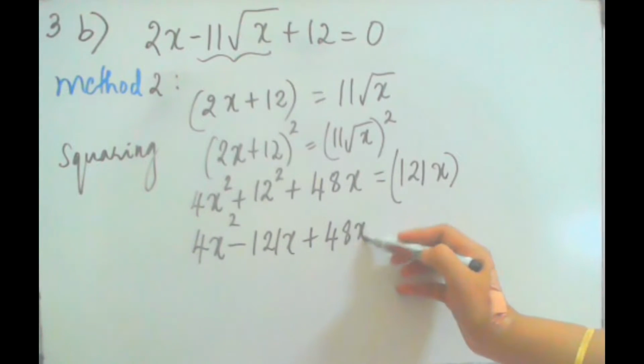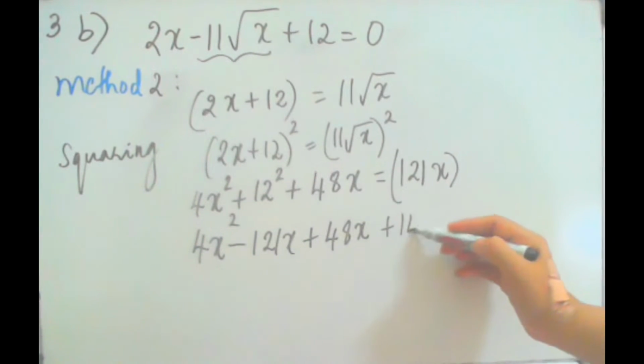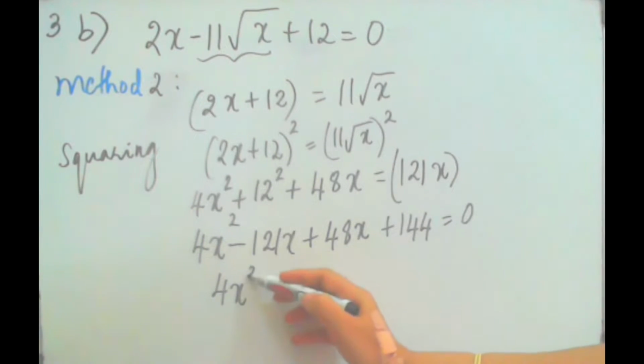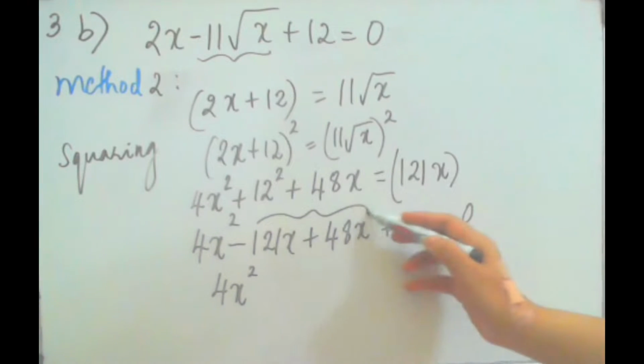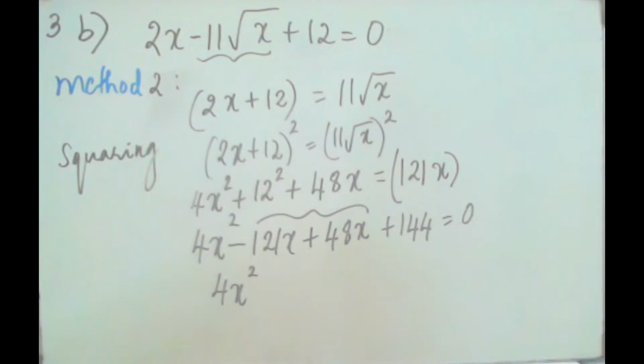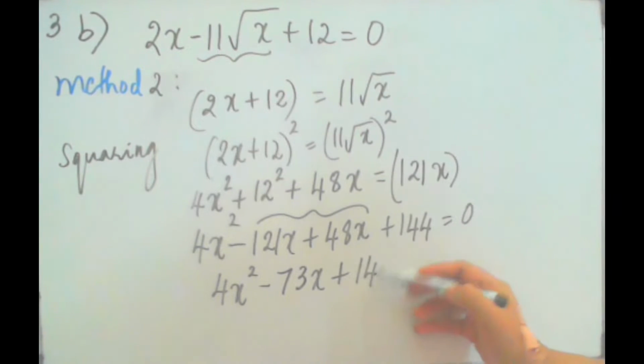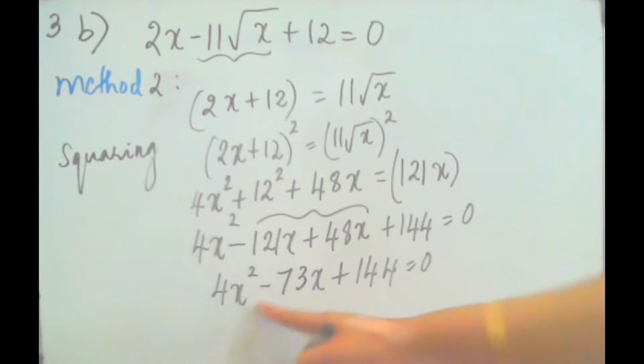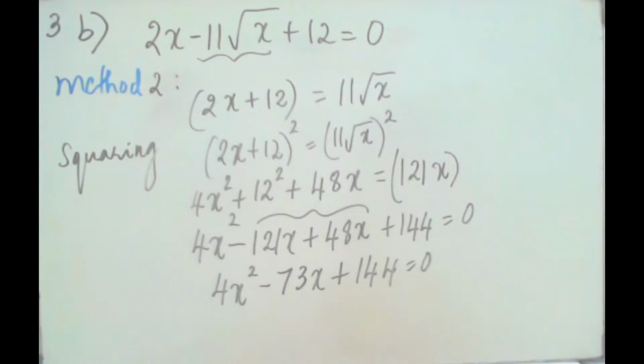Then we have this 48x, then this 12 square, which is 144, equal to 0. So minus 121 plus 48, we get minus 73x plus 144 equal to 0. So we got a quadratic equation straight in x.